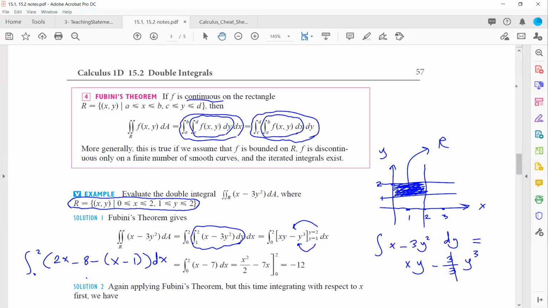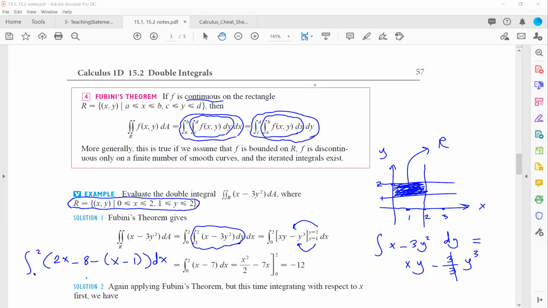Now we take the integral with respect to variable x. The integral of x is x squared over 2 minus the integral of 7 is 7x. Then we plug in 2. If you plug in 0, it doesn't give you anything. The outcome is going to be just 0.